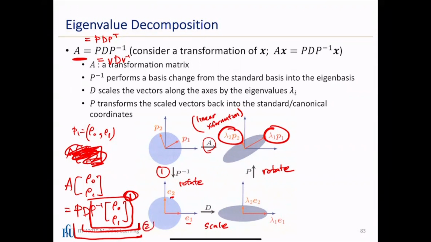So number 2, number 3. The diagram over here represents that the matrix A is a linear transformation that consists of rotate, scale, and rotate.